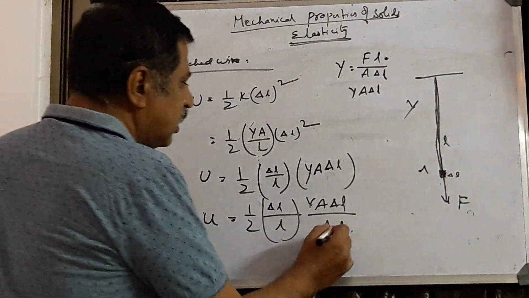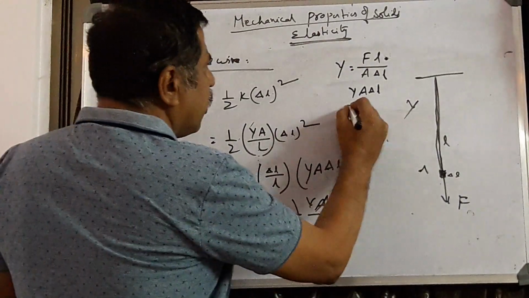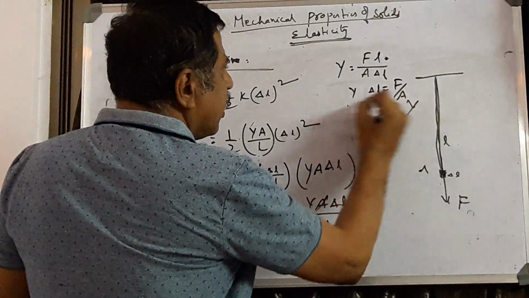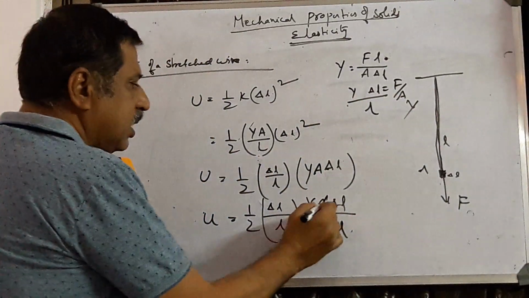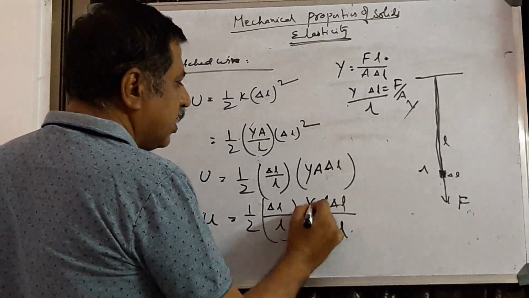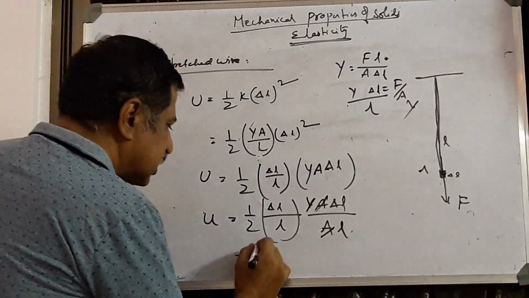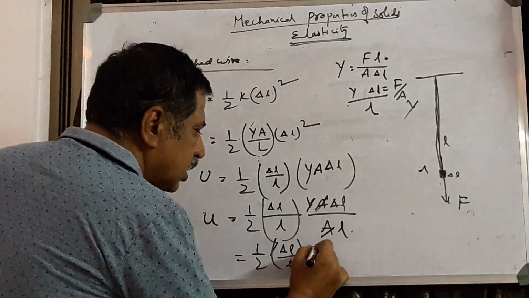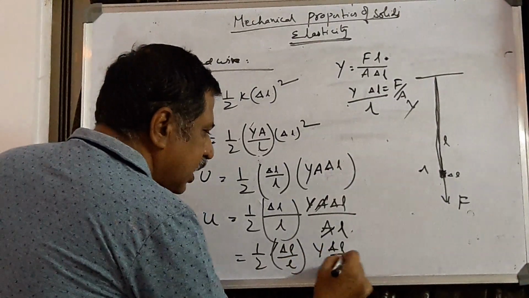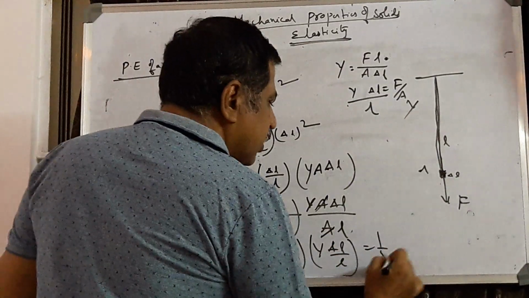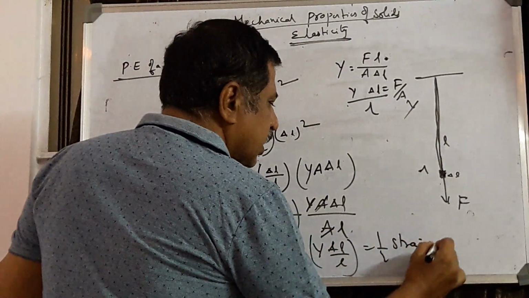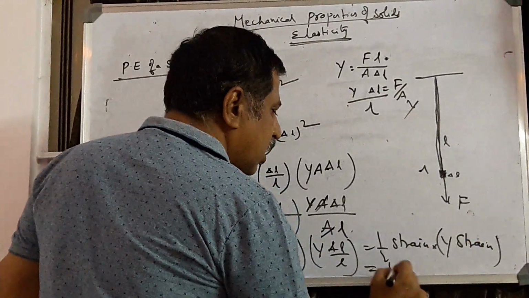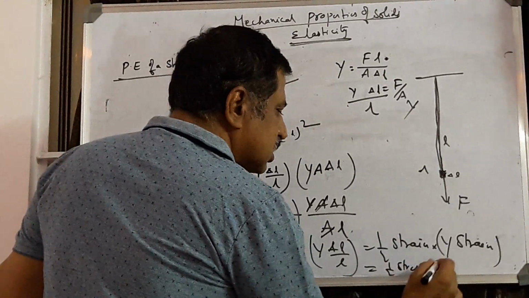A cancels. From this, Y delta L by L means stress, half into delta L by L into Y delta L by L. This can be written as half strain into Y into strain, that means half stress into strain.